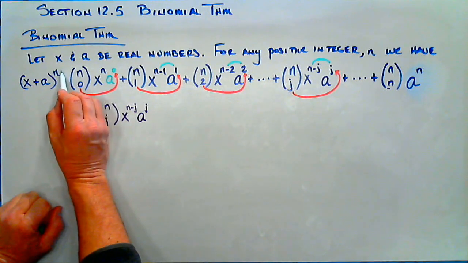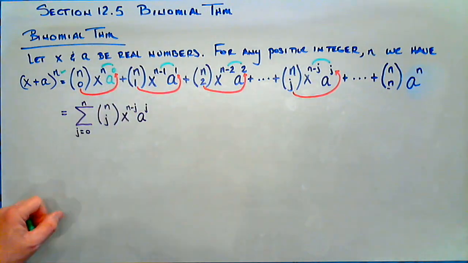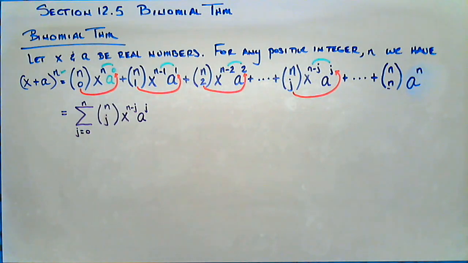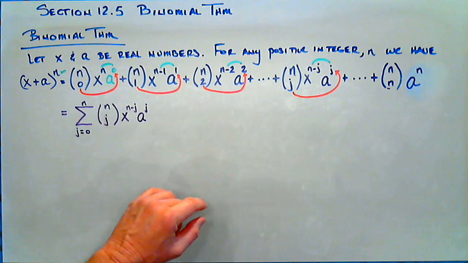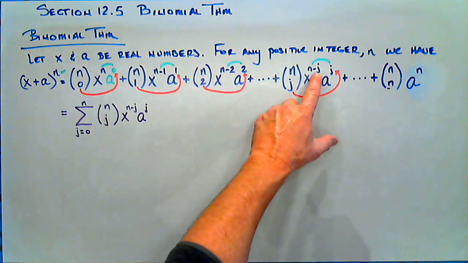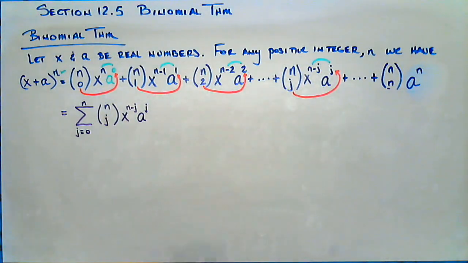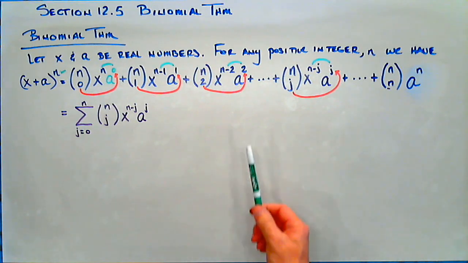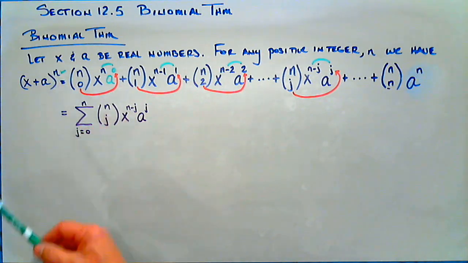They have to add to this number right here. And if you look, every one of those combinations adds to n. n minus 1 plus 1, n. n minus 2 plus 2, n. n minus j plus j, n. That's a check that you need to remember when you're doing problems with the binomial expansion. Your powers always add up to n.